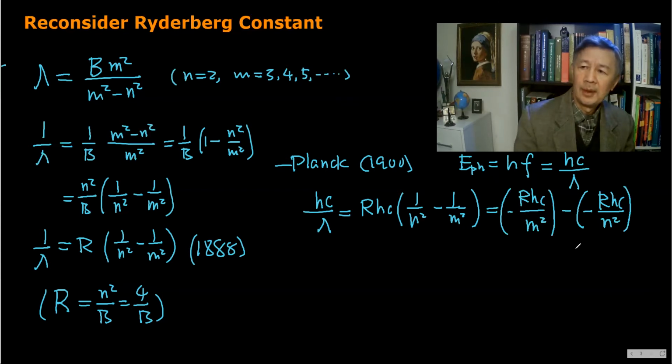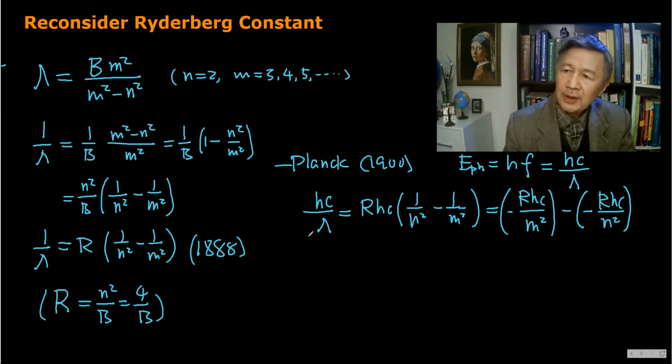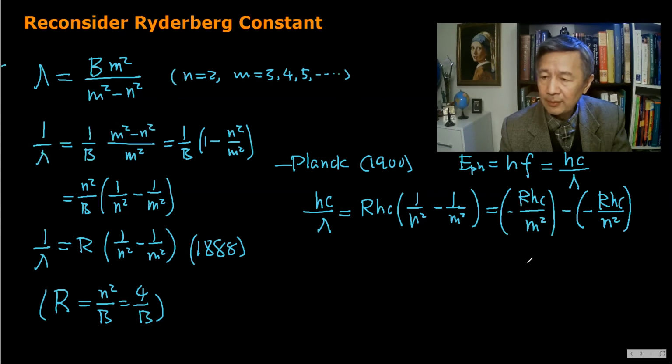Because the left-hand side is photon energy, the right-hand side must be the difference of two energies. So it is very easy to work out that this term might represent some type of discrete energy, that is Rhc divided by n squared.